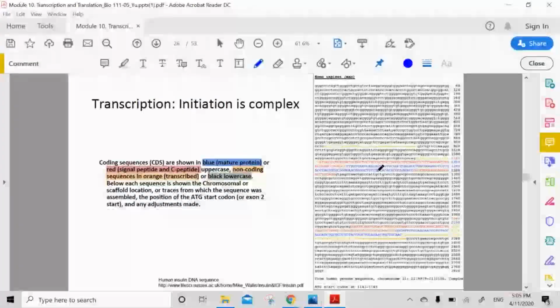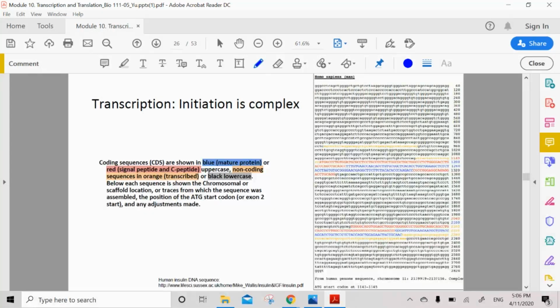And you're going to ask, what's the difference between blue and red? A lot of the proteins, before they are finalized, have signaling components that will guide the proteins into their specific cellular organelles to be processed.